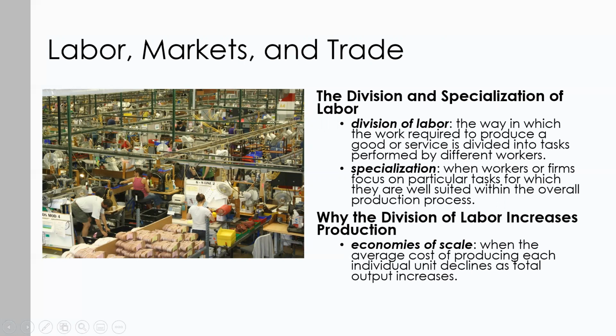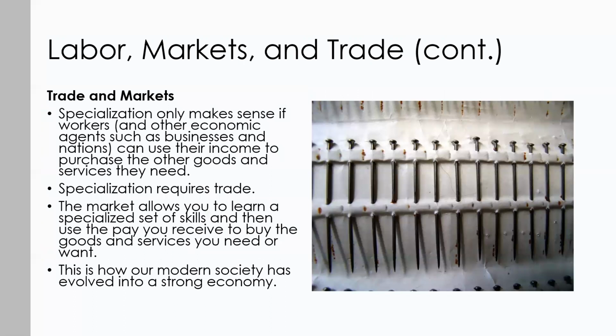Okay, let's proceed. As to trade and market, you have it here. Specialization only makes sense if workers can use their income to purchase the other goods and services. Specialization requires trade.